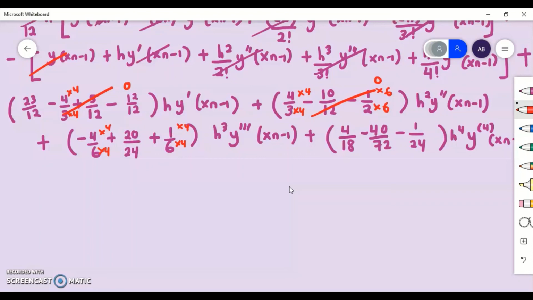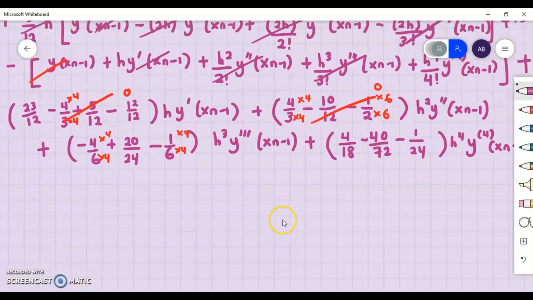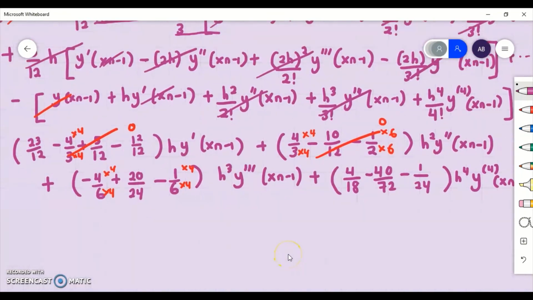Is it correct? Do I have a negative term somewhere? Yes, this should be negative, not positive. Class, just check again. I'm pretty sure this must be negative, else this term won't cancel out. Let's look at my term here. The h cubed term here refers to this term here: negative times 1 over 6.